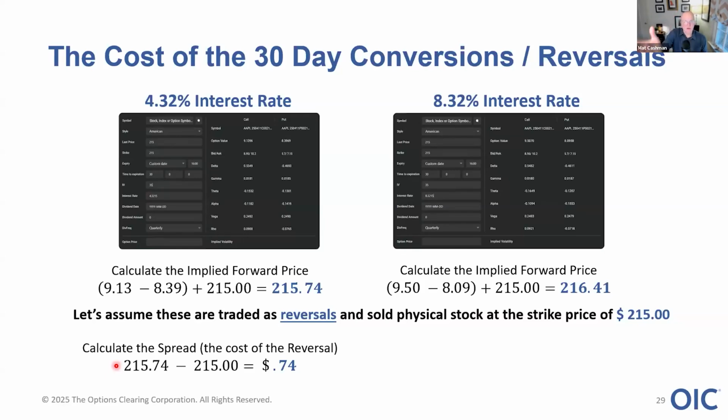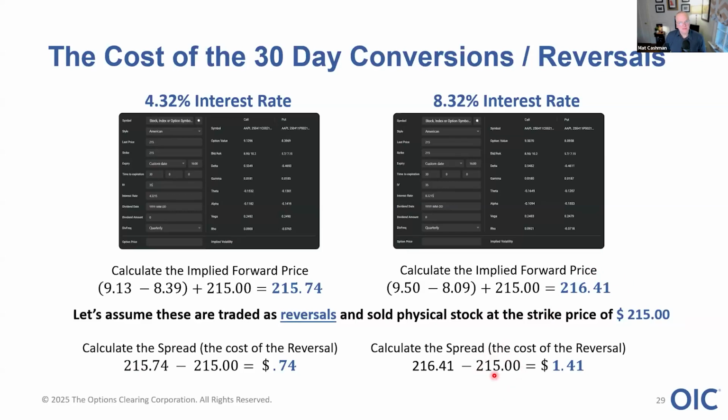Or if you were to do this all backwards, it would be the price of your conversion. So in this case, the cost of the reversal is 74 cents on a 4.32 interest rate. If you were to actually calculate the price over here, you would get, guess what, 1.41. It's the difference between where the synthetic price is implied from the options and where the actual stock is trading.